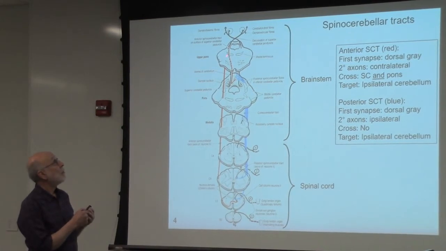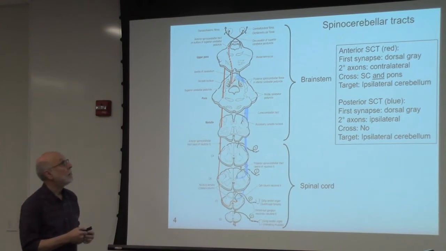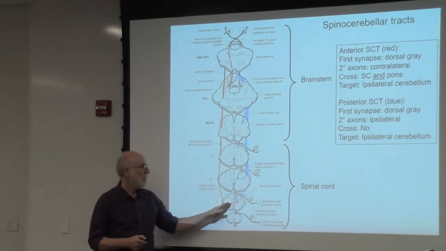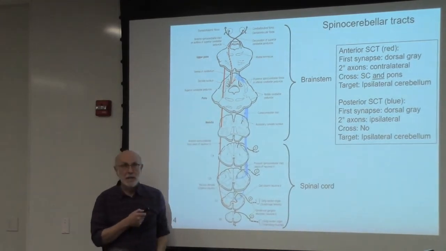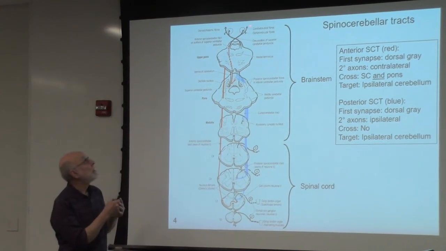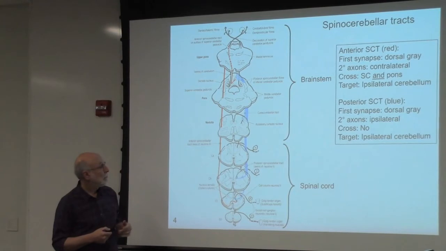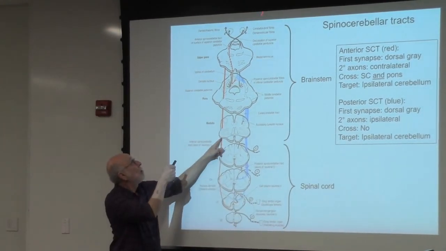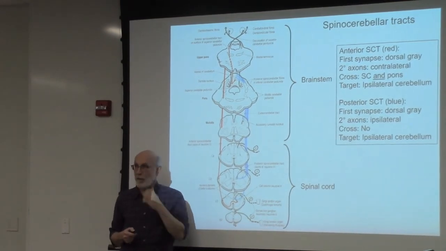It crosses over again in the pons, in the brainstem. So it crosses once in the spinal cord, and it crosses again in the pons, and the information then ends up in the ipsilateral hemisphere of the cerebellum.